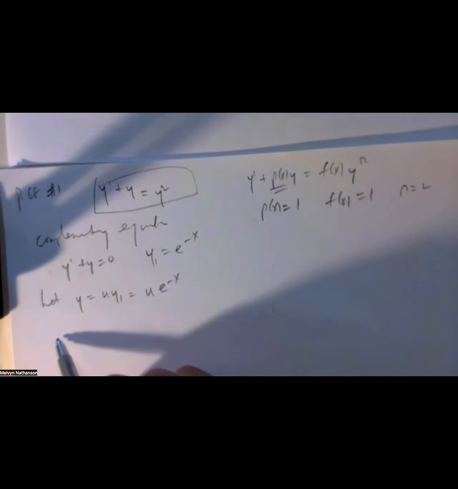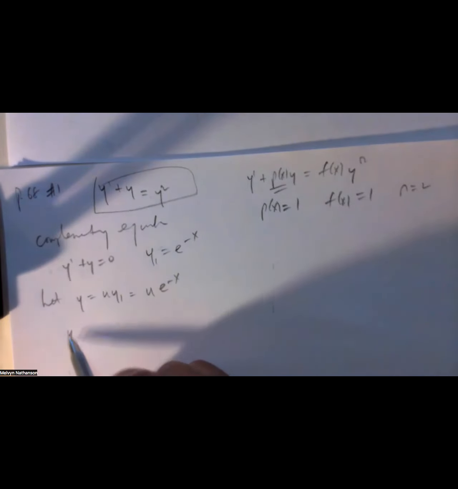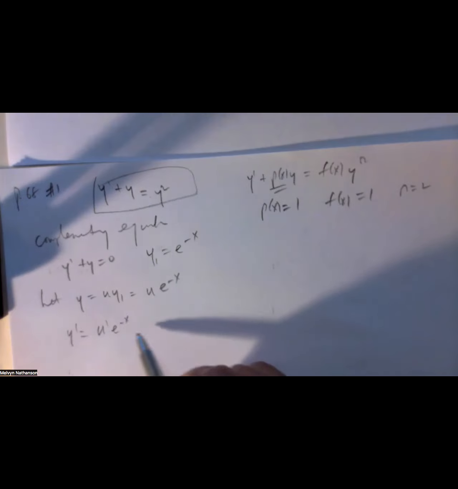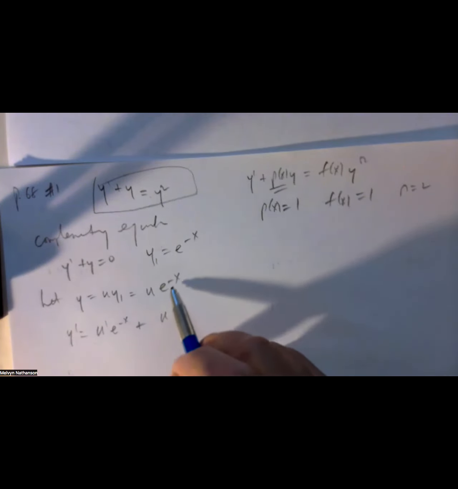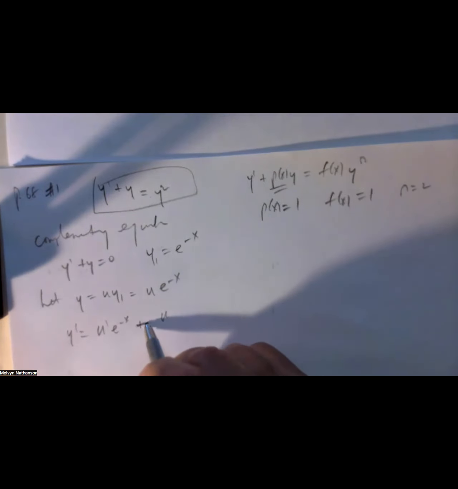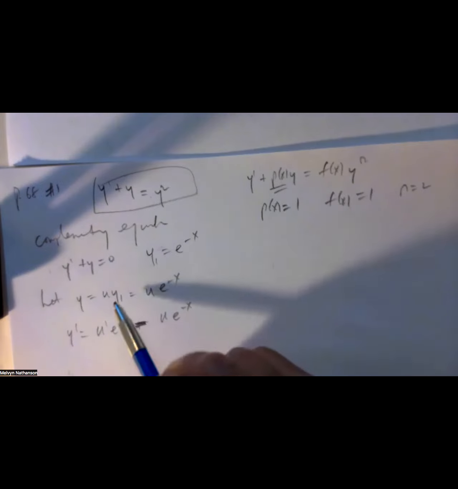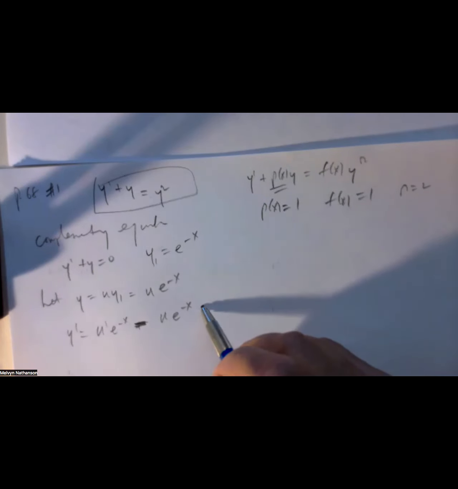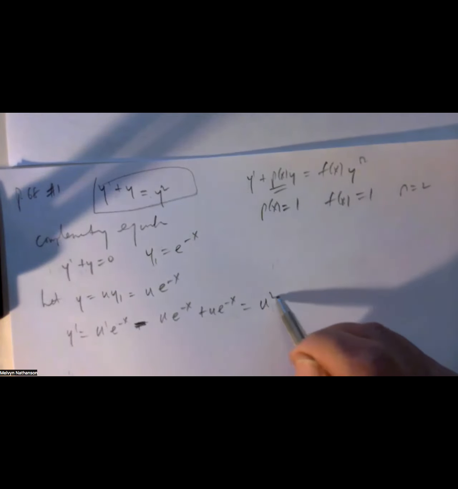You get y prime is u prime e to the minus x plus u times the derivative of e to the minus x, which is minus e to the minus x, plus y, plus u e to the minus x equals y squared.